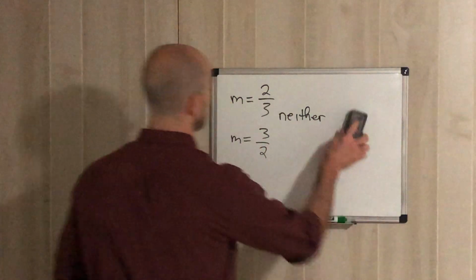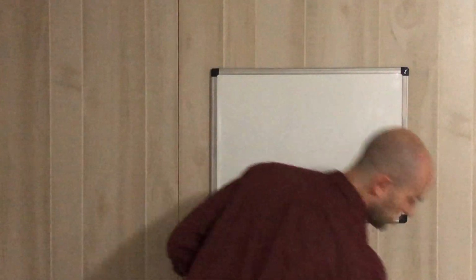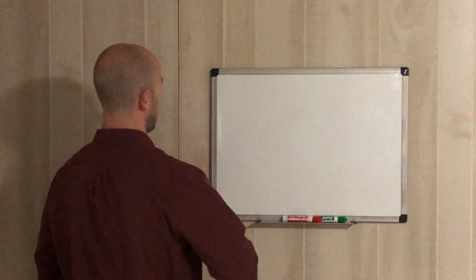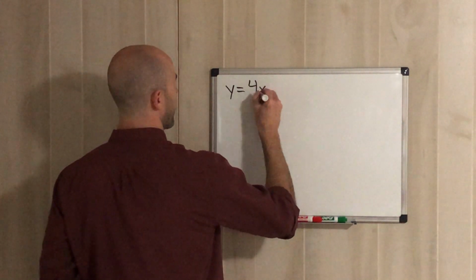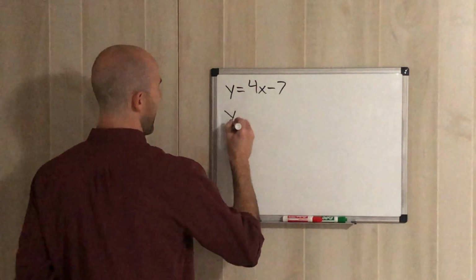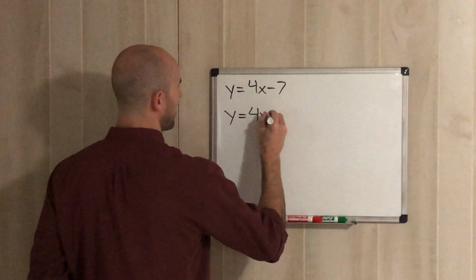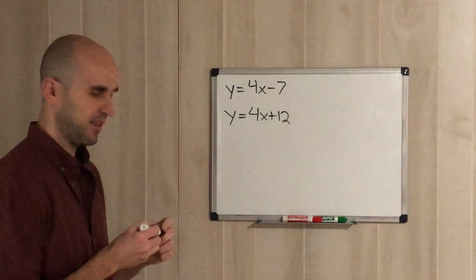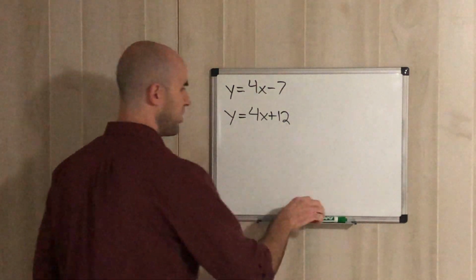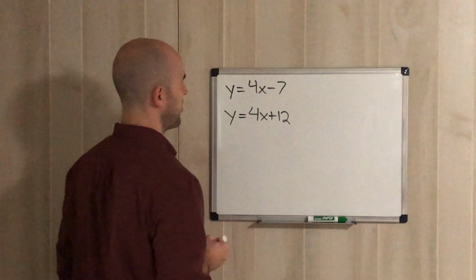And the last thing I want to show you guys is just knowing. So let's say I had 2 equations, right? Let's say that I had the equation y equals 4x minus 7, and I had the equation y equals 4x plus 12, and I wanted to know whether this is parallel or perpendicular. All you ever care about is just the slope, right?